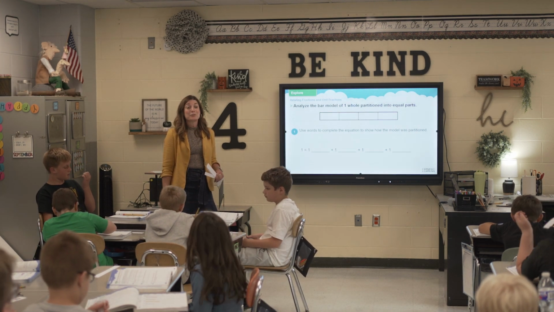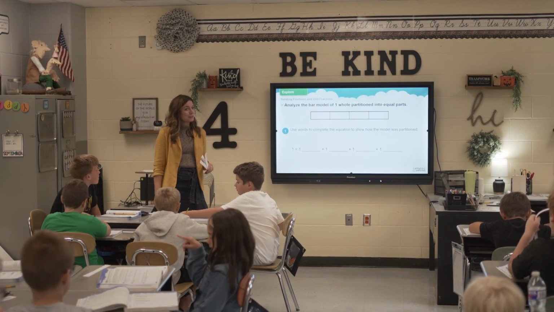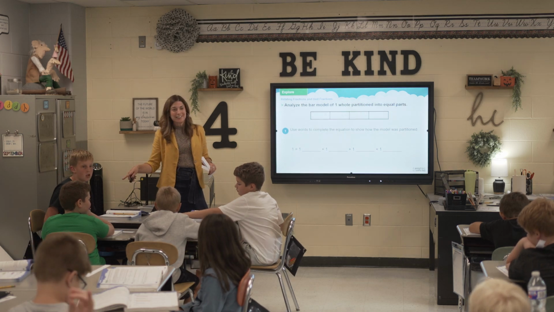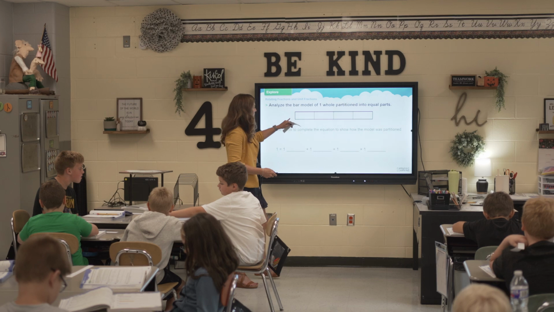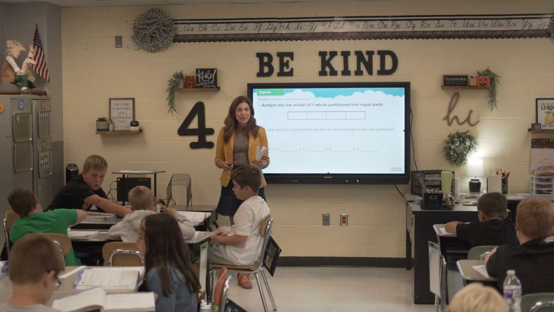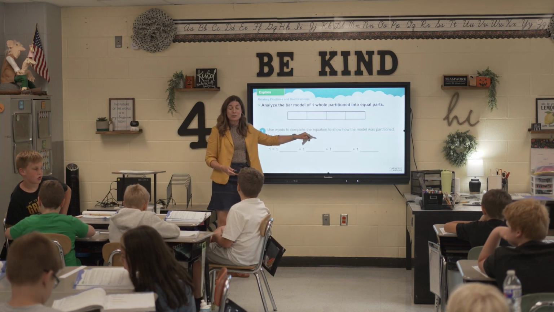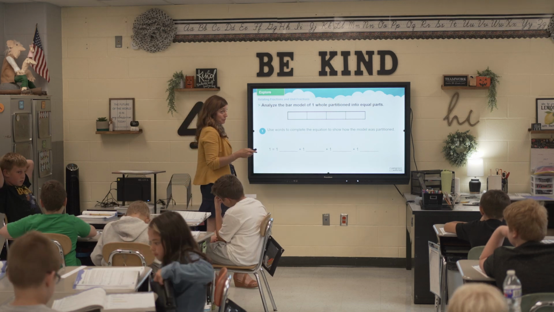A unit number. You said it a minute ago. A unit fraction. You got it. He said we were talking about it, and we knew that if we took 1/4 and 1/4 and 1/4 and 1/4, we would get a whole. And since that's the case, I know that each one of these is a unit fraction. That's some good thinking. That whole group right there, you need to tell each other good job, good thinking.